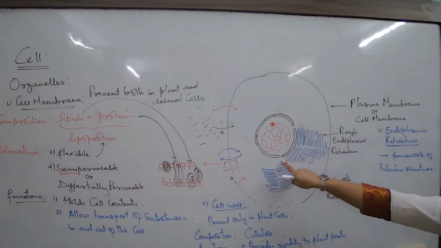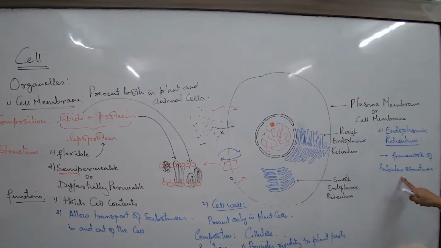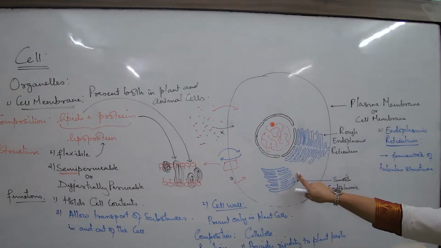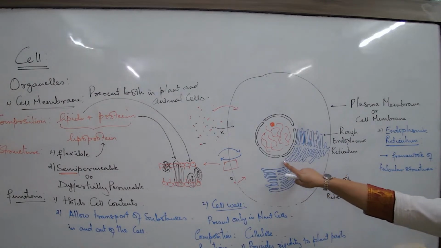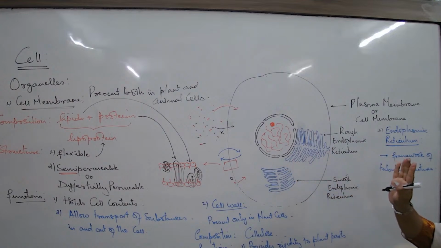Can I say the network of tubular structure is from the nuclear membrane till the cell membrane? Yes. So the endoplasmic reticulum forms a framework of tubular structures, sometimes in the cytoplasm or sometimes connecting the nuclear membrane to the cell membrane, spanning the entire width of the cell.